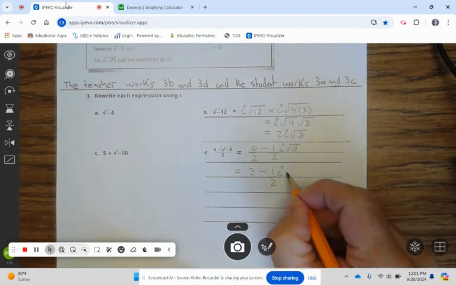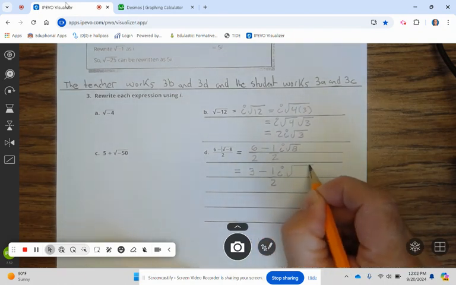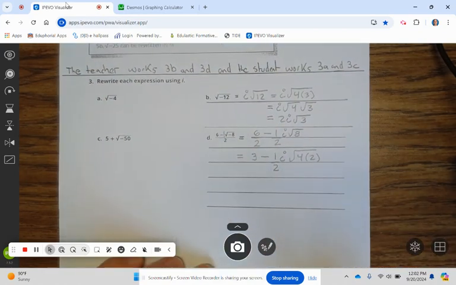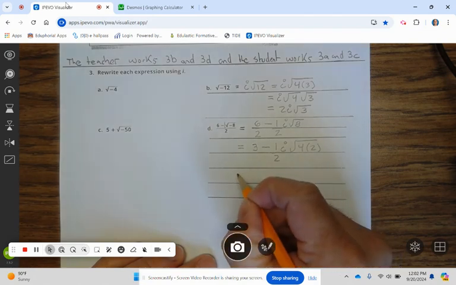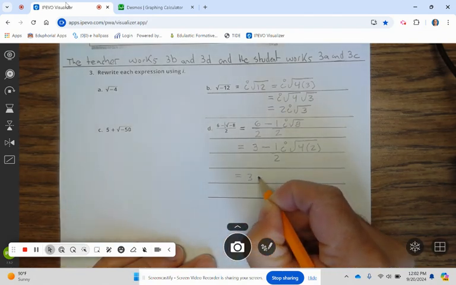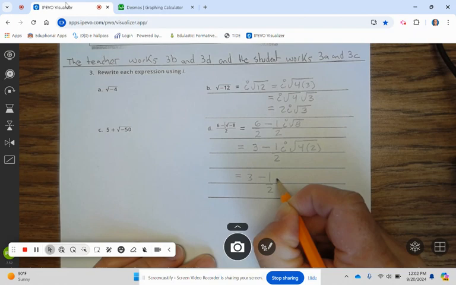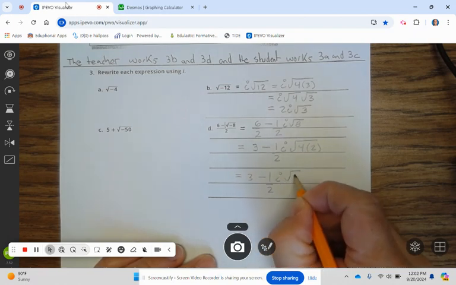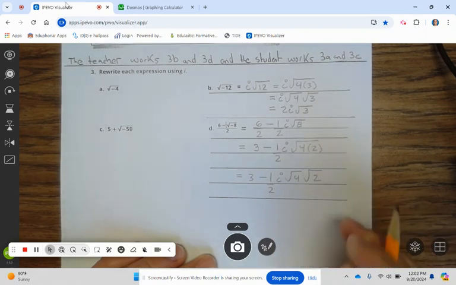The square root of 8 can be rewritten as the square root of 4 times 2. Okay, and the reason we do that is because now we can rewrite this as 3 minus 1/2 i times the square root of 4 times the square root of 2.